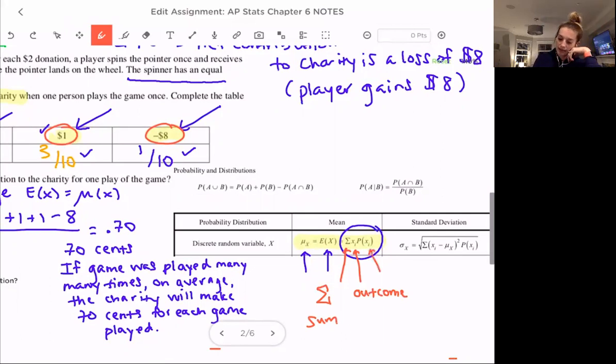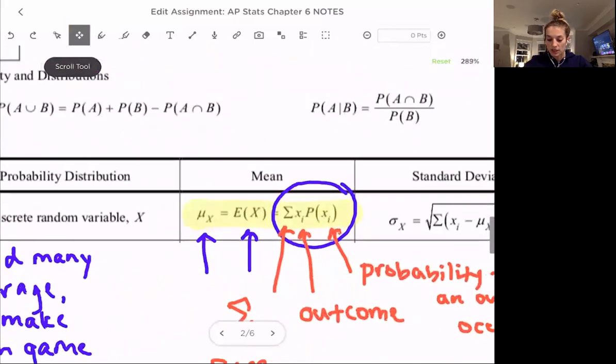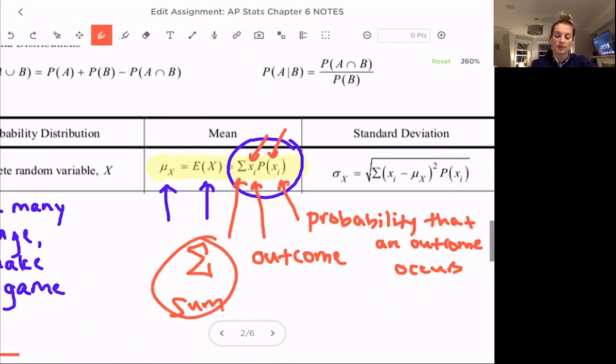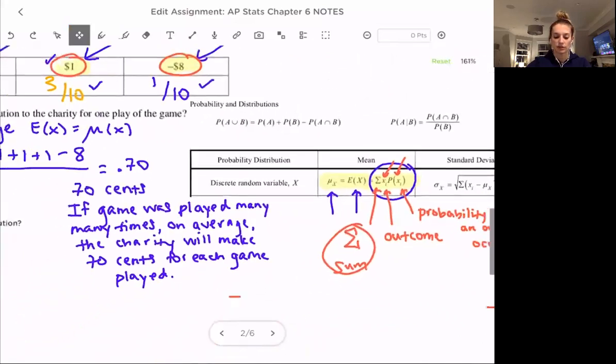And lastly, P of x sub i, that's the probability that an outcome occurs. And so what we do is we take a particular outcome, x sub i, we multiply it by the probability that that outcome occurs, and then we add that up across all the potential outcomes. That's exactly what we did when we found the average.